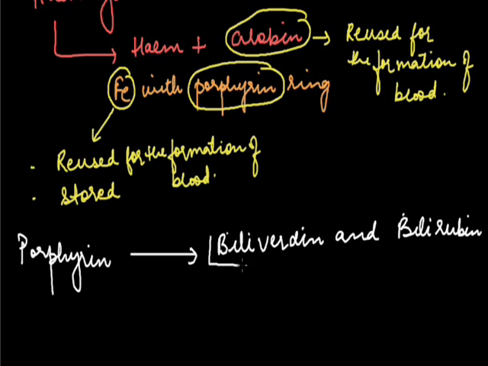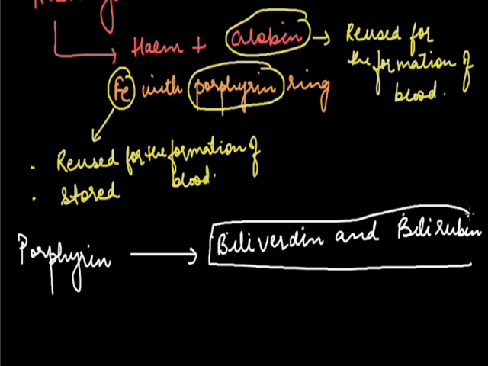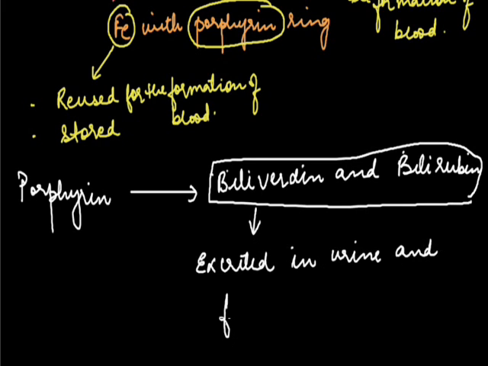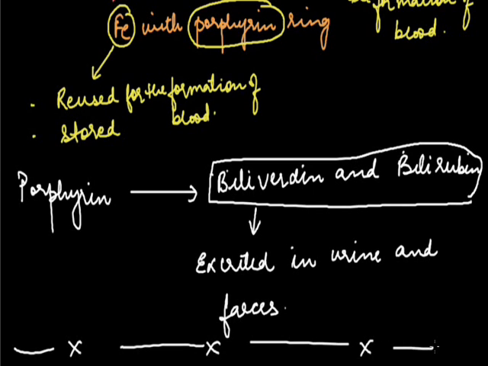These biliverdin and bilirubin are responsible for the yellow color of the plasma, and they are excreted out from the body in the form of urine and feces. So whenever there is jaundice, the concentration of biliverdin and bilirubin increases. That's all for the day, and in the next class we will study WBC.